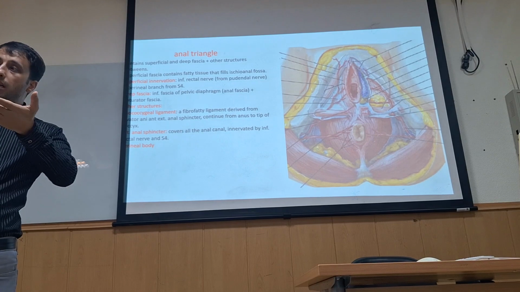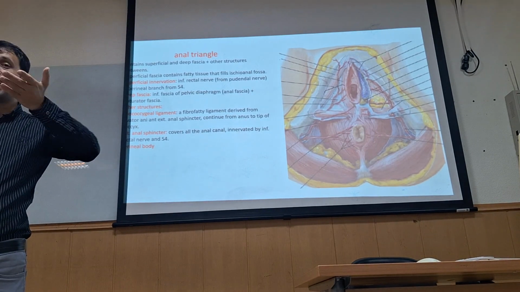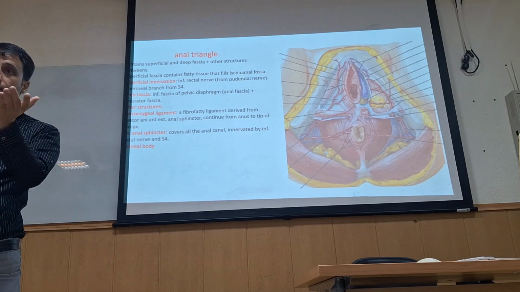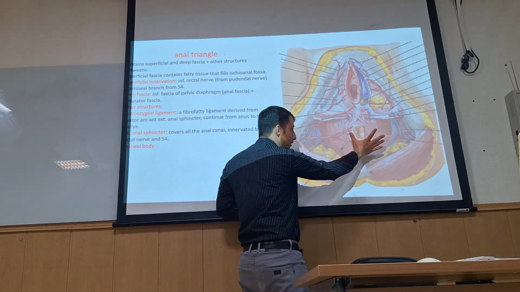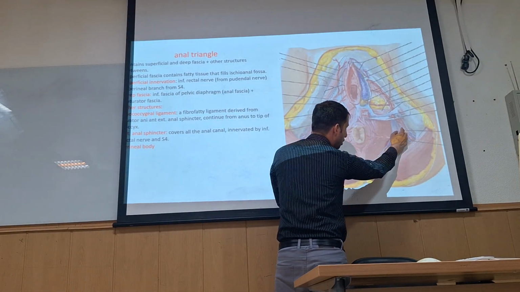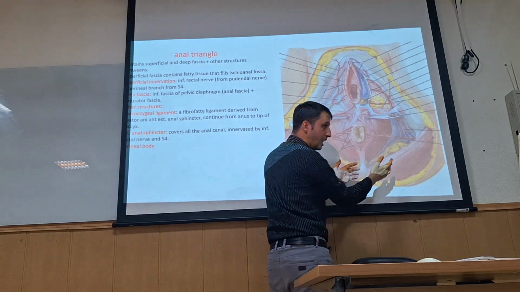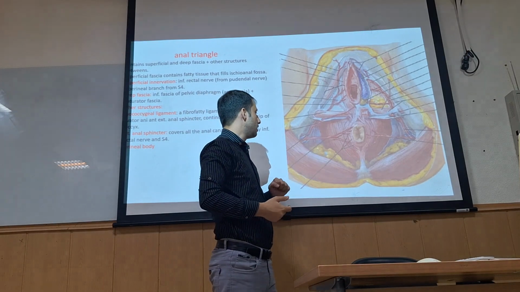One fascia is located on the superior part of levator ani, in the pelvic cavity. One fascia is located on the inferior surface of levator ani. Look at here, for example, this fascia. It is the inferior fascia of levator ani, which is located in this area.